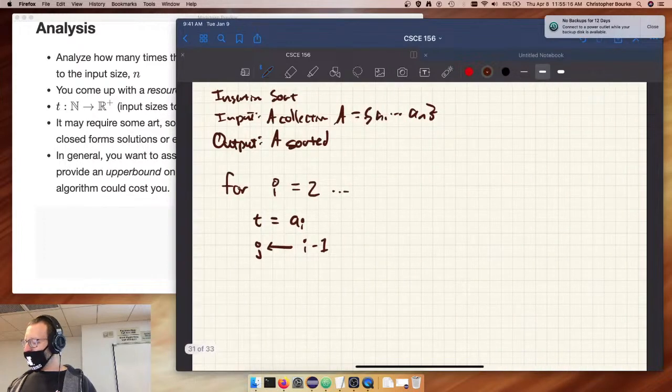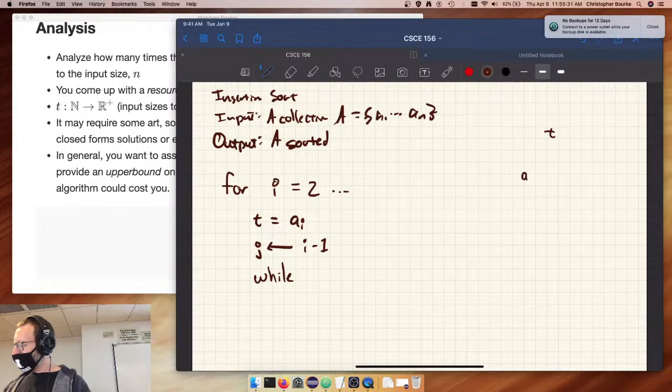So that tells me that maybe I want a while loop, while some condition. All right? So let's think about this. And I'll do it on scratch work over here. We've got our temporary variable here, and we've got our a sub j. Right? And I'm going to compare my temporary variable and a sub j. If the temporary variable is less than a sub j, then what should I do?